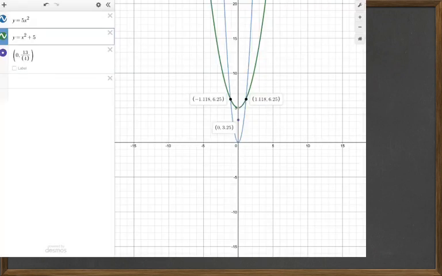Okay, so you can see the lower function, 5x squared in blue, the upper function in green, y equals x squared plus 5, points of intersection, negative 1.118, and positive 1.118, that's on the x.